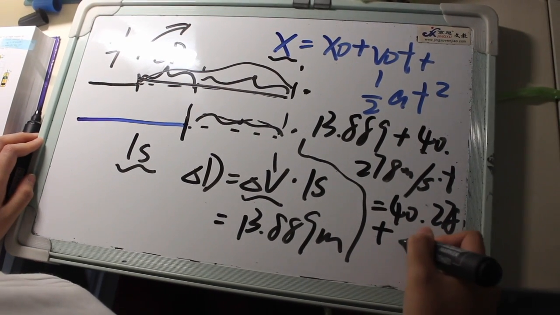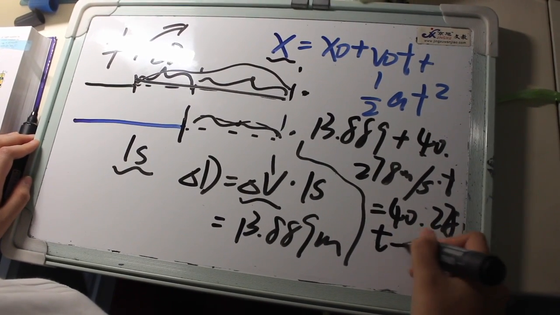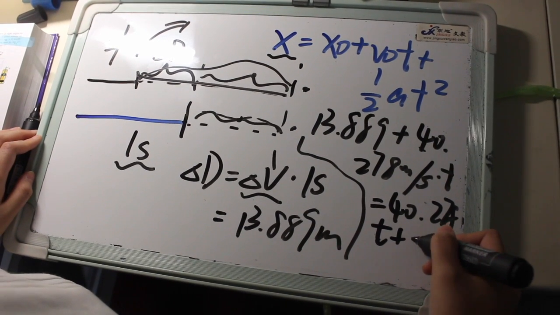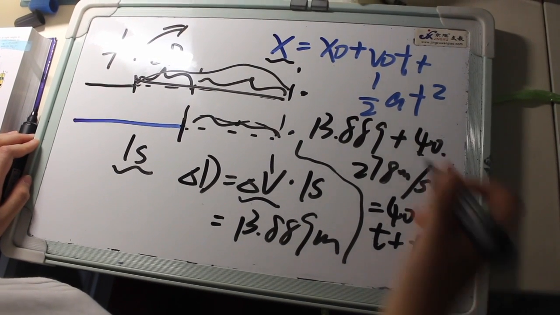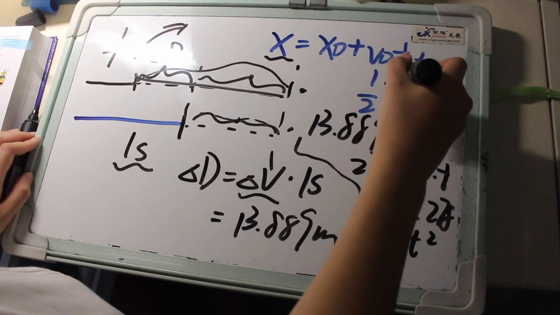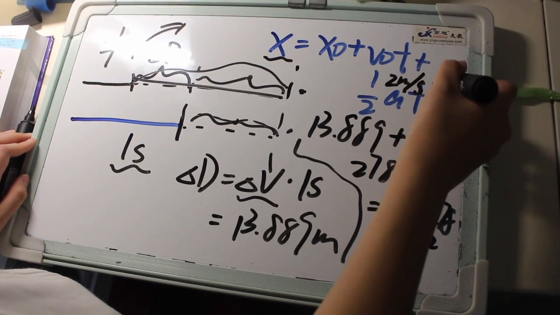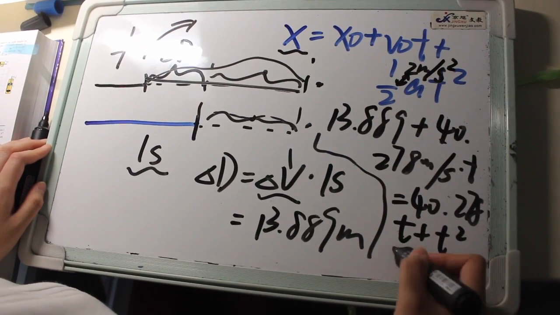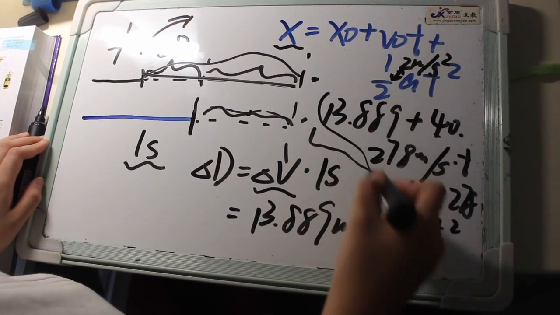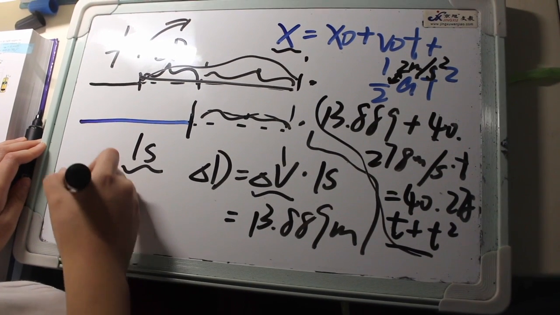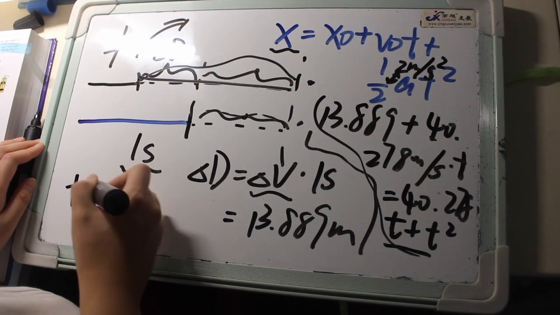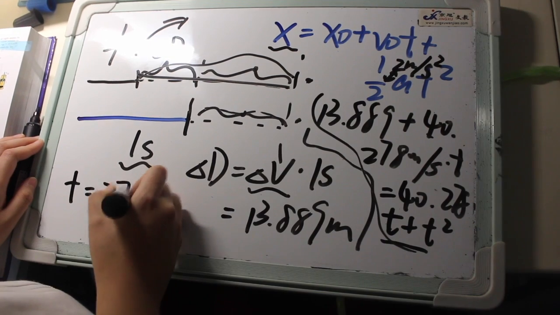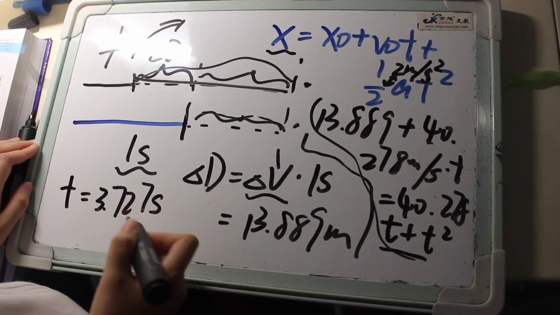The t plus half t squared, because this is 2 meters per second squared, and this is 1. By solving this, we can get t equals 3.723 seconds.